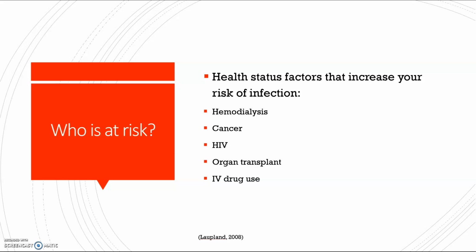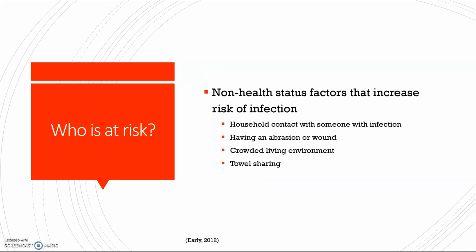Okay, who's at risk? These are some health status factors that increase your risk of infection. So people who are receiving dialysis, cancer patients, people with an HIV infection, those who've maybe recently received an organ transplant, and those who use IV drugs. Those all increase your risk of infection.